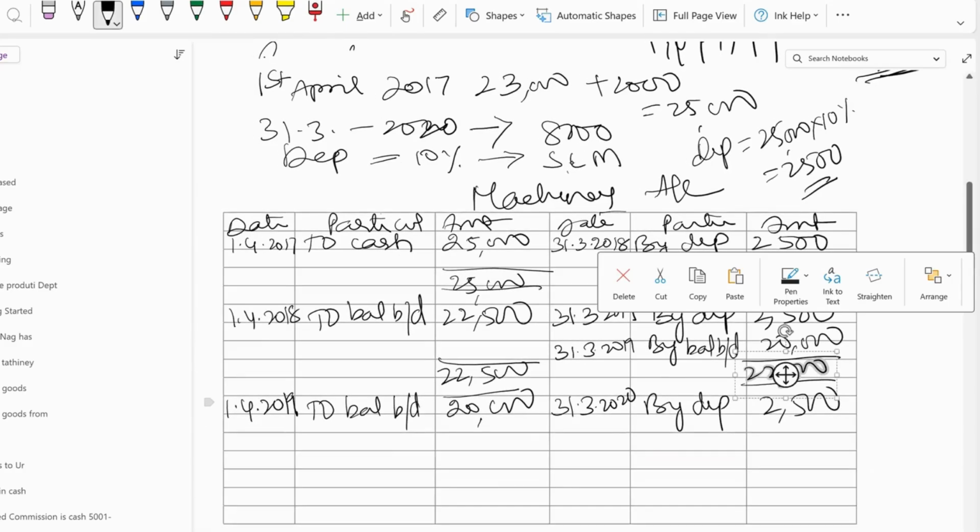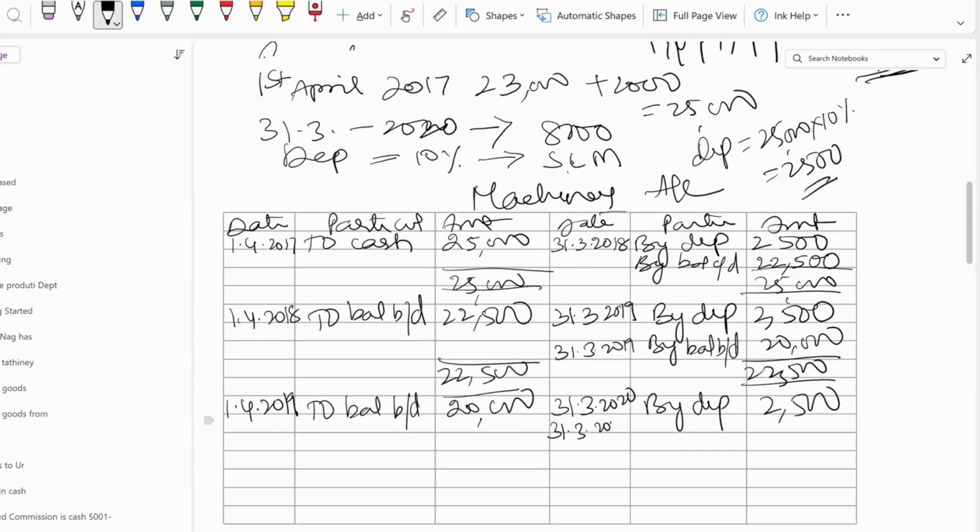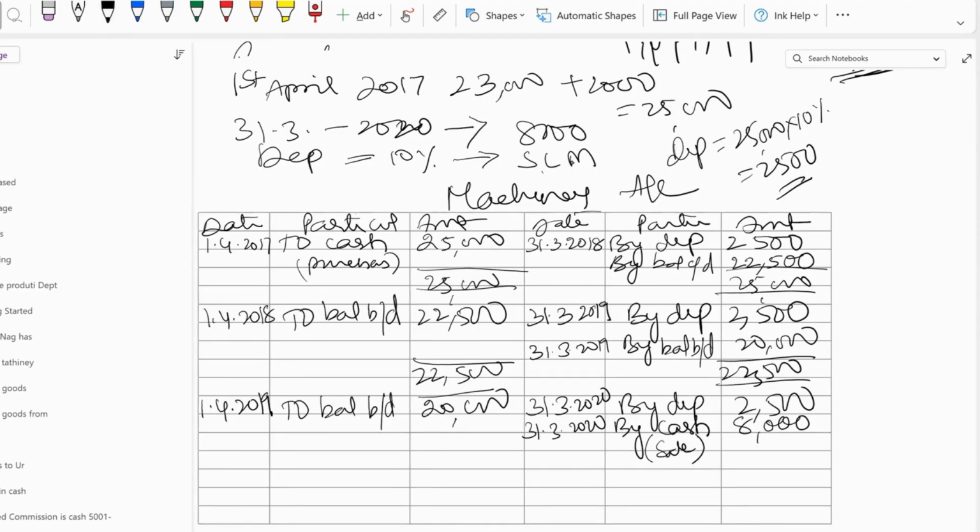For how much we sold it on 31/3/2020? We sold it for by cash. If we are purchasing, we write it as to cash. If we are selling, we'll write by cash. Now by cash, for how much did we sell? 8,000. Okay.